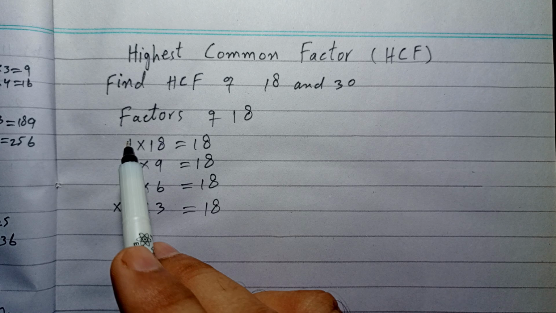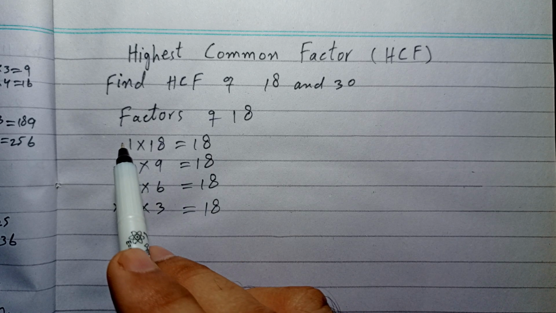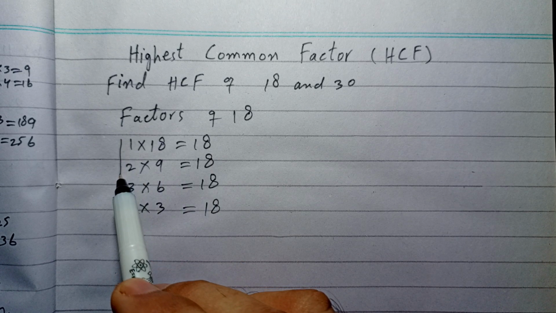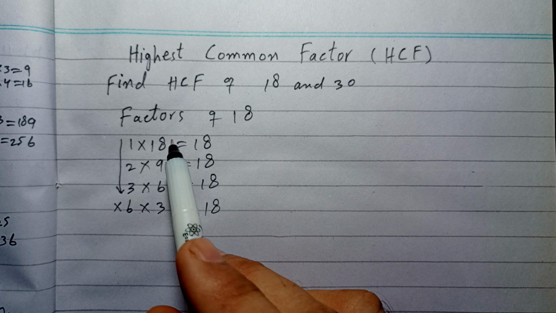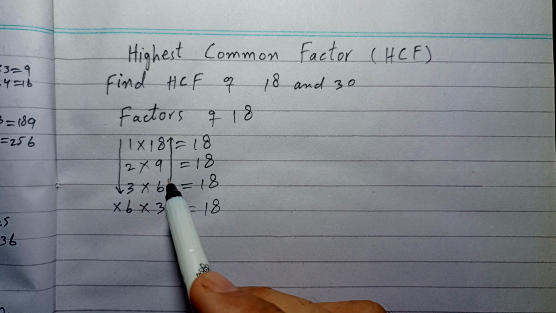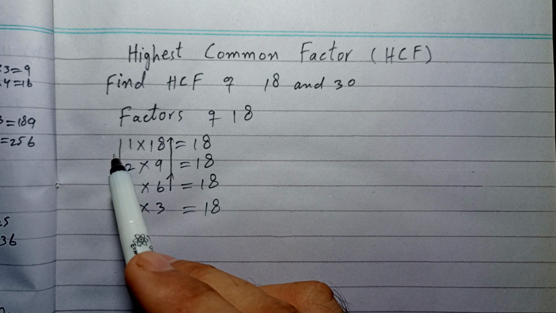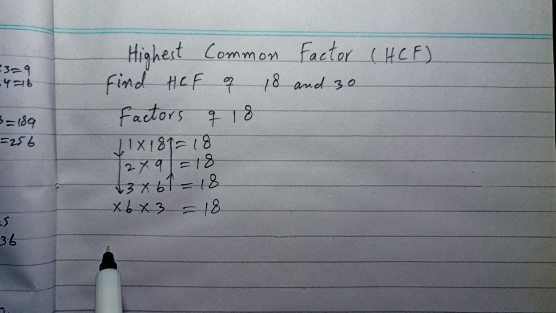You will take the factors of 18 like this. Start from here and then move to here with the arrow sign, and you will get the factors of 18.